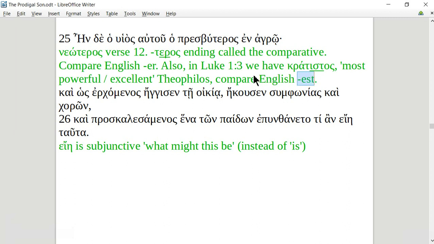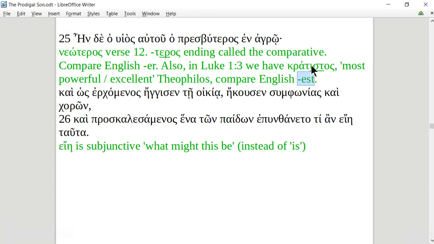But where it's used in Luke 1:3, it doesn't mean the powerfulest. Well, yeah, I suppose it does. The most powerful, the most excellent, Theophilos. It's really just saying kind words to Theophilos. But yeah, that's the basic meaning of it.